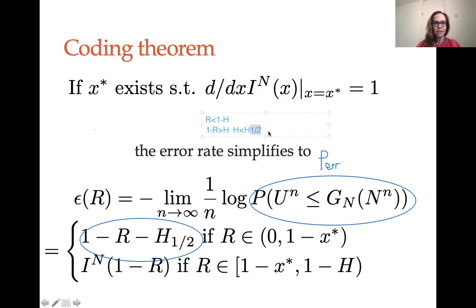So this behavior here, we're going to have 1 minus r. So if I subtract h1/2 from both sides, I'm going to have that 1 minus r minus h1/2 is actually going to be greater than h minus h1/2. All right, what is happening here?